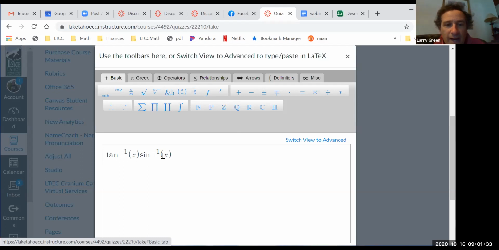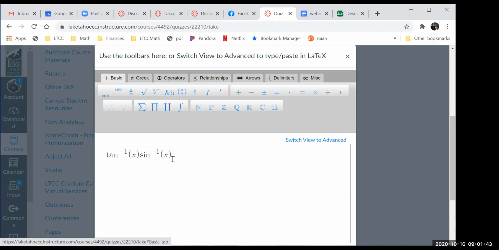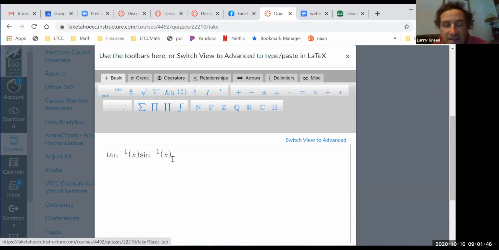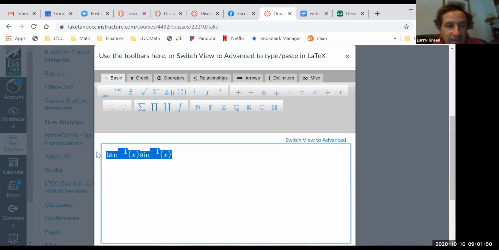What rule do we have to use to find the derivative of the arctangent of x times the arcsine of x? So what's the rule? Product. Yep, there's a product rule, right? Because it's a multiplication of two functions. So what I'm going to do, this is easier, I'm going to copy it and paste it twice.